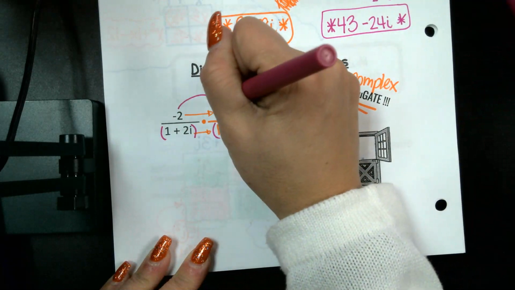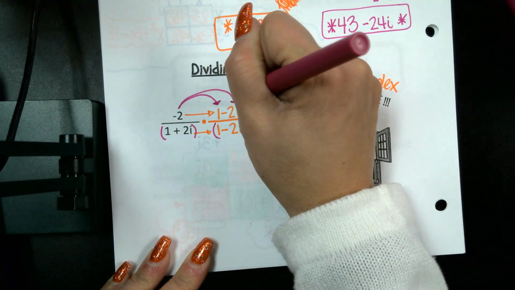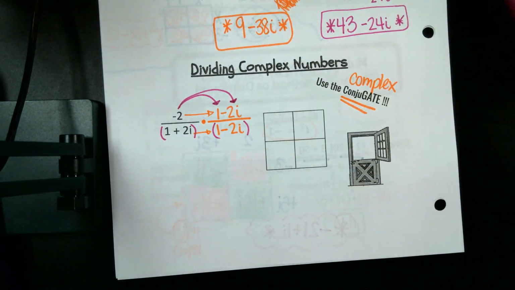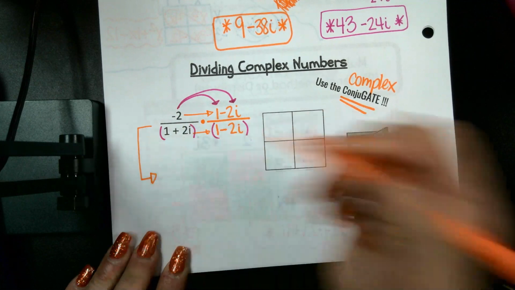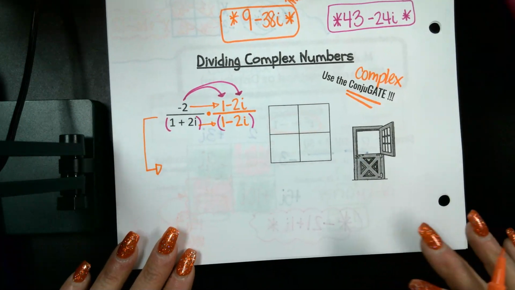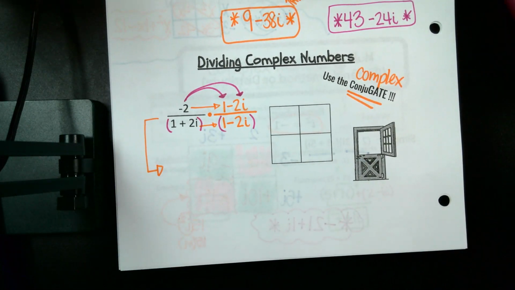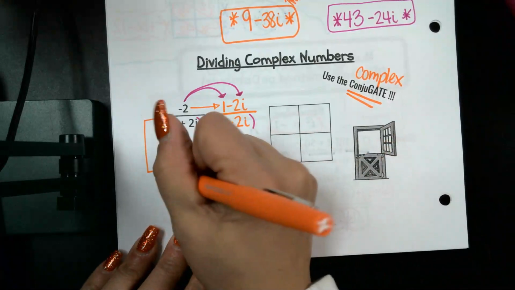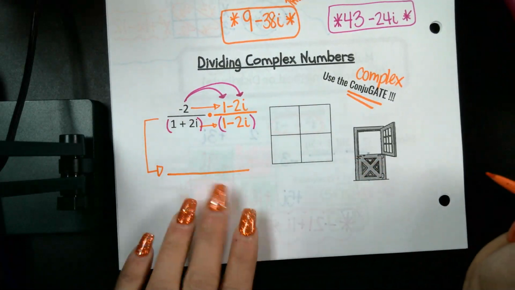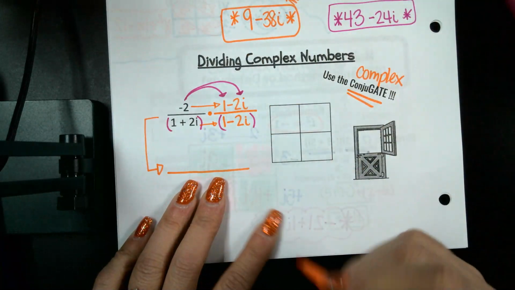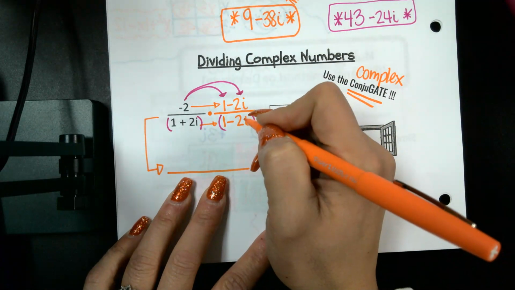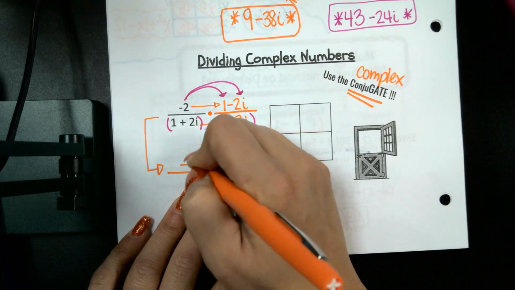So up top, we're just going to distribute. All right, so let's talk about the top and then we'll worry about the box. Our new numerator is negative 2 times 1, which is negative 2.